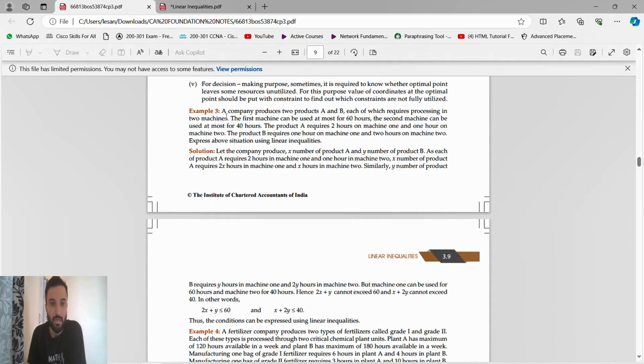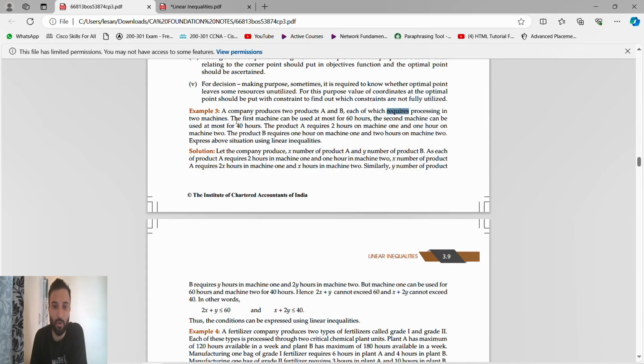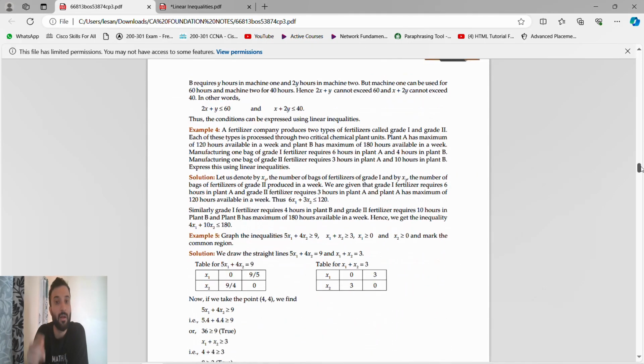Now next, a company produces two products A and B, each of which requires processing in two machines. The first machine can be used at most. Lesser than. Okay, again requires. See this word requires. So lesser than, guys. If one is lesser than, all will be lesser than.